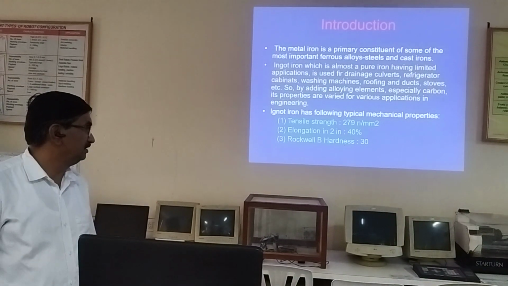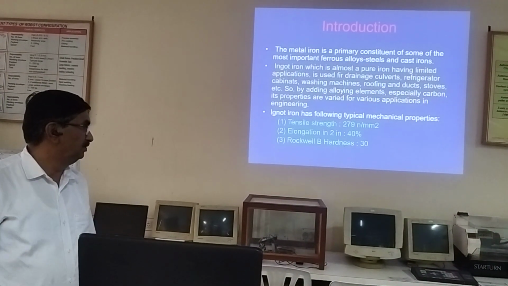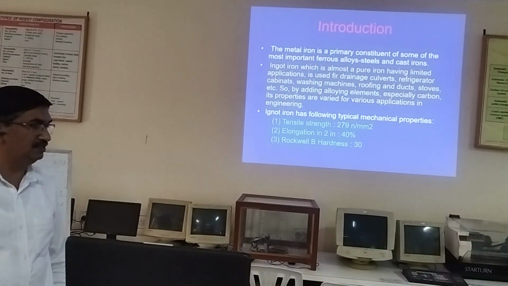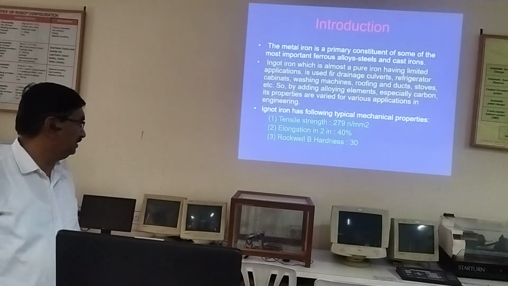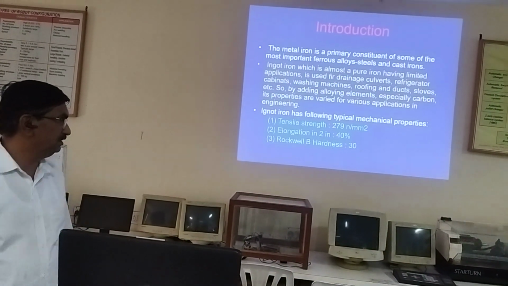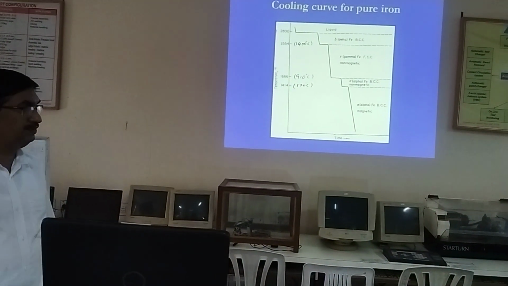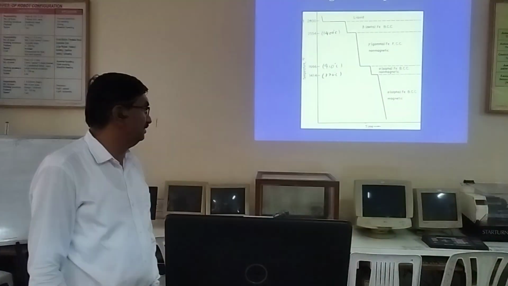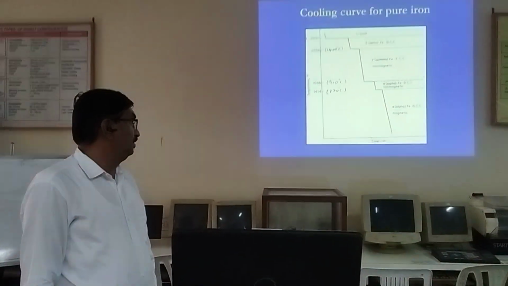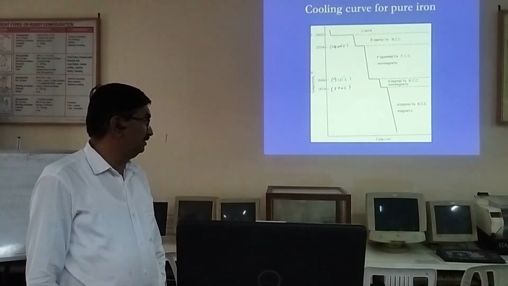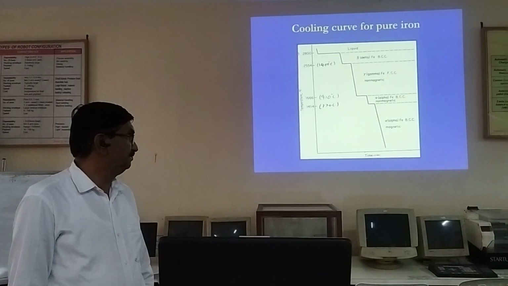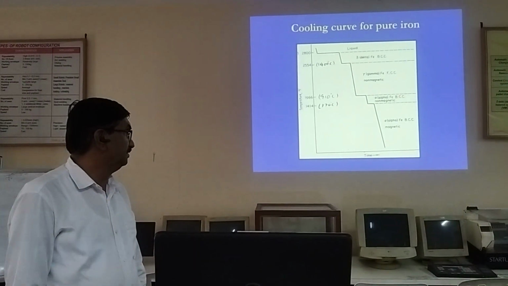The tensile strength is up to 279 Newton per mm square, elongation up to 40%, and hardness 30% for pure iron. Now this is the equilibrium curve for pure iron. When we heat it to different temperatures, we get different products.